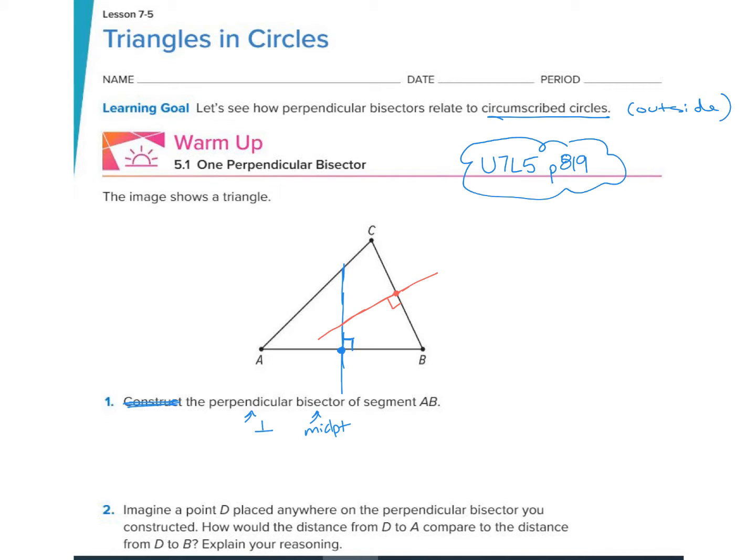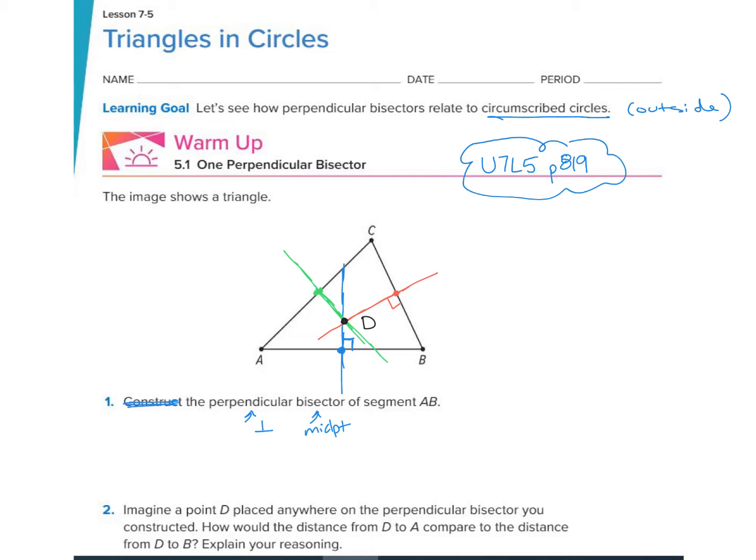So let me get a different color, put a dot at the midpoint of AC, and then sketch what looks to be a perpendicular line that goes through that midpoint. So if you and I did this accurately, our three lines should appear to intersect. So I'm going to mark that point and call it point D.